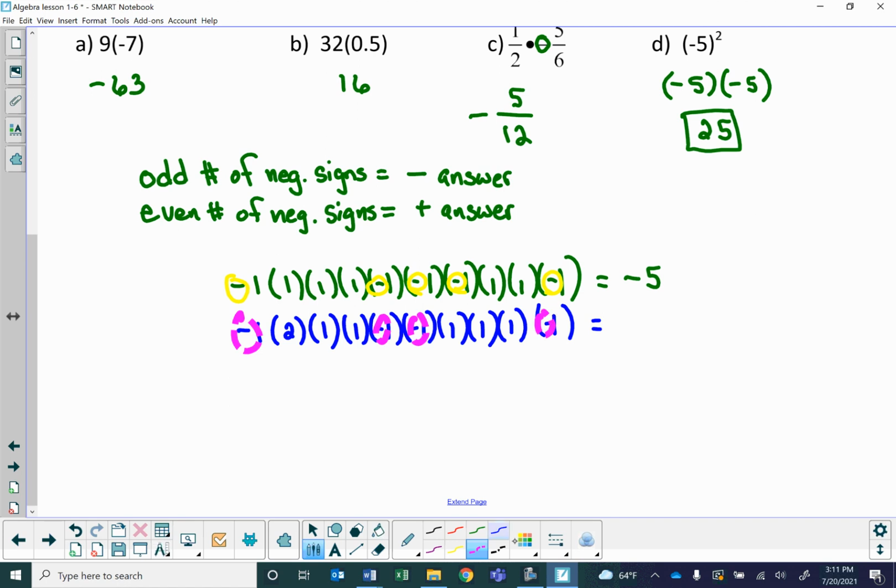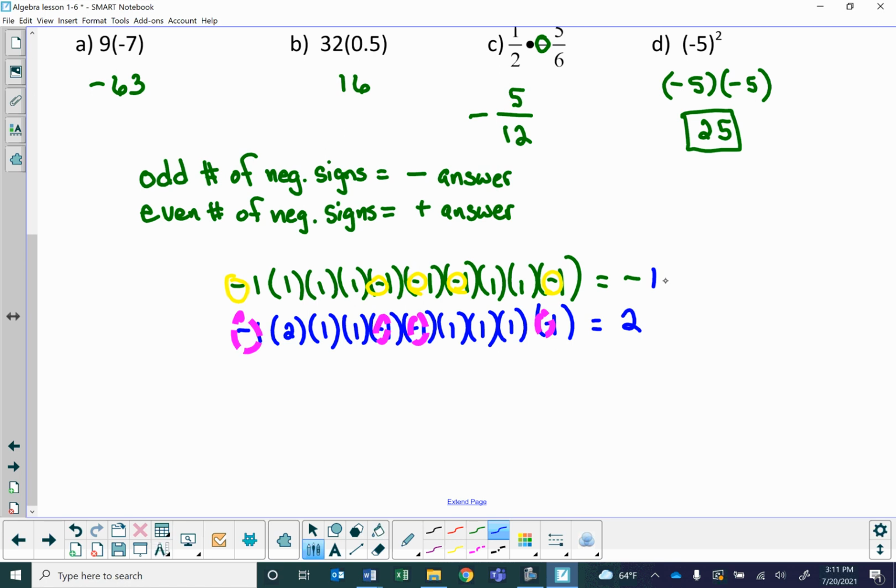I have 4 negative signs. That's going to give me a positive 2. Oops. Negative 5. How did I get negative 5 way up there? This should be a negative 1. I have 5 negative signs, but my answer is still negative 1. Silly me. Just goes to show we all make mistakes and need to pay attention to our work.